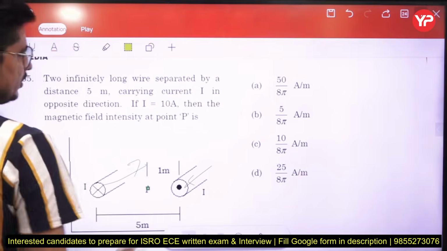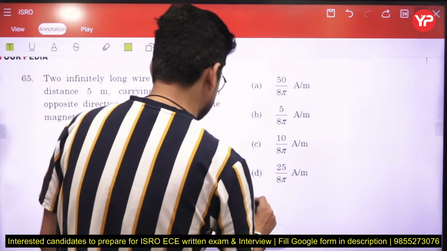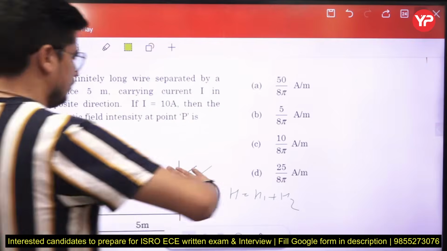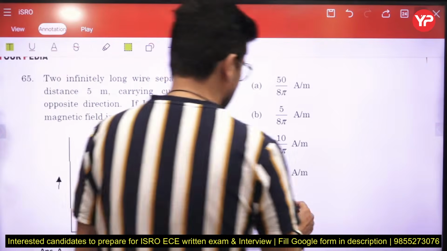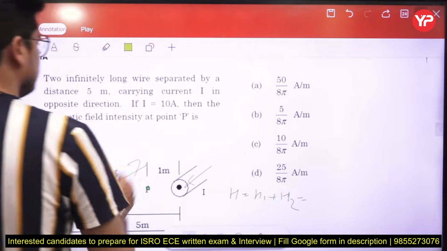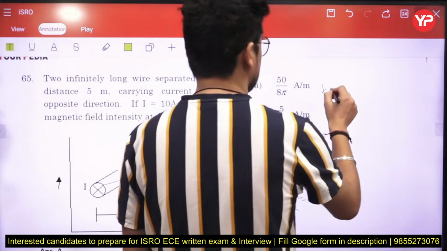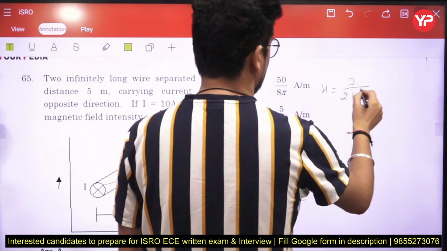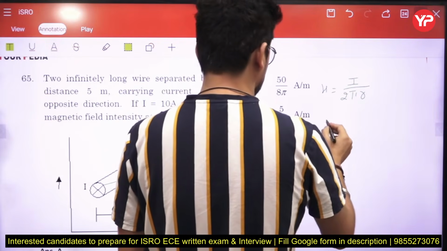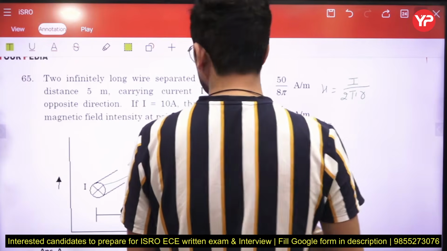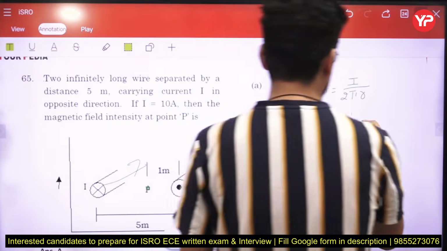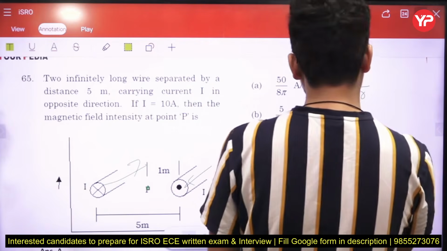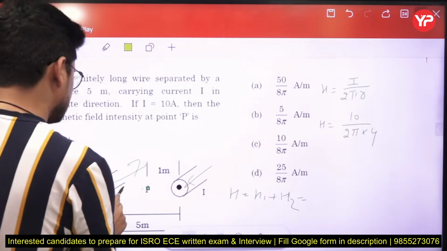When you are calculating the magnetic field H, that will be the sum of H1 plus H2. Due to this one downward, due to this one also downward, so we have to add both of them. As we know, the magnetic field H is I upon 2 pi r. So the total will be, due to the first wire, 10 divided by 2 pi into r, which is not 5 this time but 4, because we have to calculate the distance between these two things.